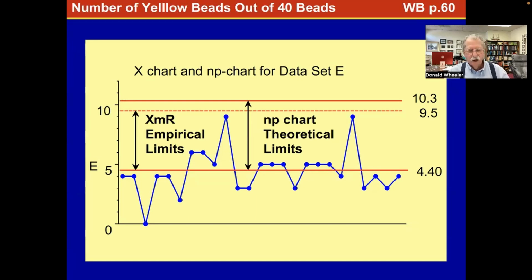When the theory is right, as it is in this case, the empirical and theoretical values will converge, and both charts will tell the same story. Here, there is no practical difference between the 8 pairs of limits. The empirical limits have 1 false alarm out of 200 points, and the theoretical limits have 2 false alarms out of 200 points.